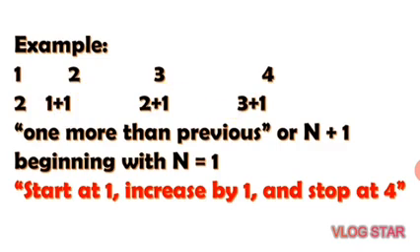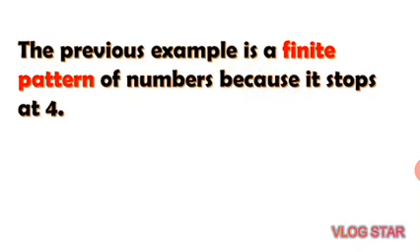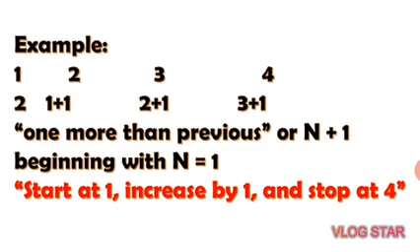Or we can also say that odd, even, odd, even. This pattern can be described as one more than the previous, or n plus 1, with the beginning n equal to 1.